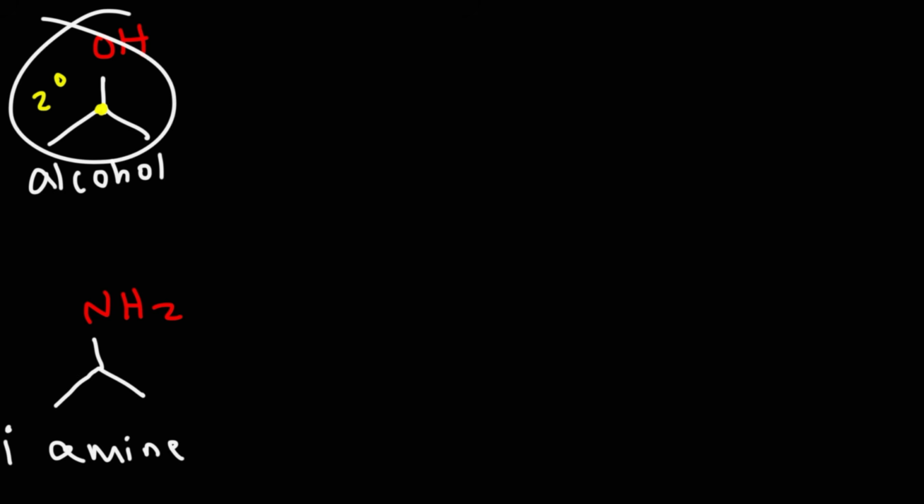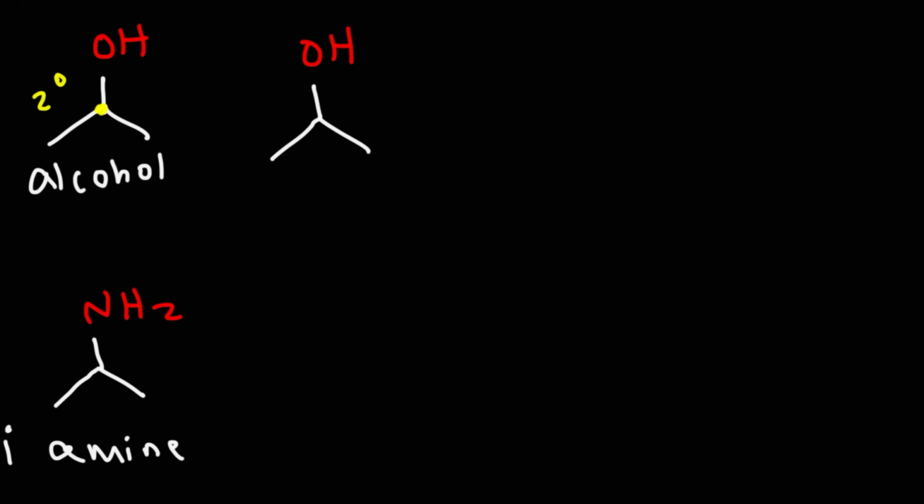Now, if this is an alcohol, what type of functional group do we have here if we put a double bond right next to it? And if this is an amine, what is this?